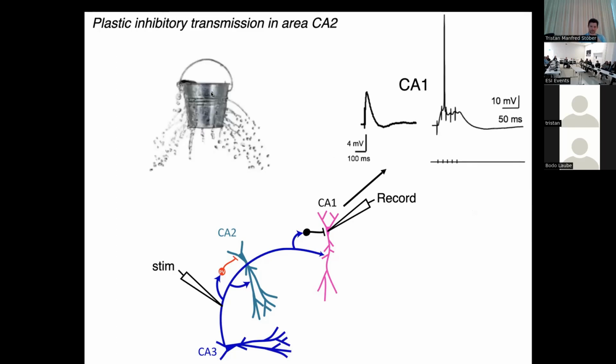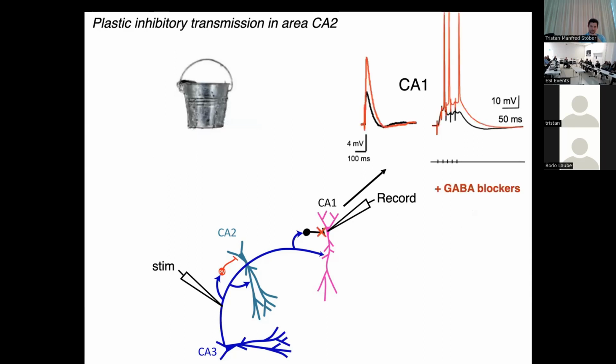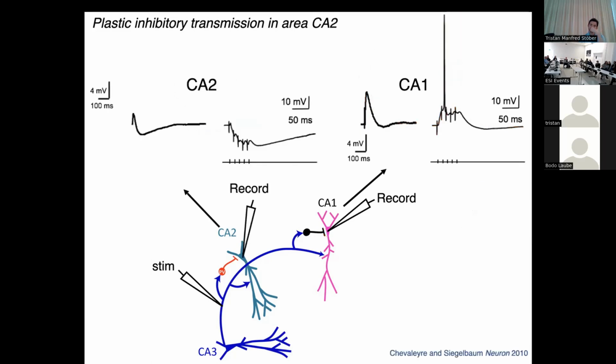You have all these open chloride channels preventing synaptic inputs from depolarizing the soma. Let's say you block all the GABAergic ion channels and you block the leaky bucket. When you stimulate CA3 inputs and record from CA1, you get an increase in the postsynaptic potential.